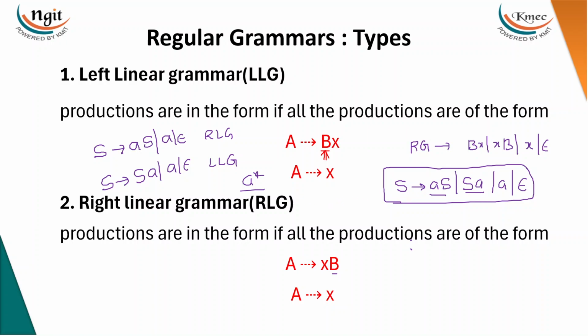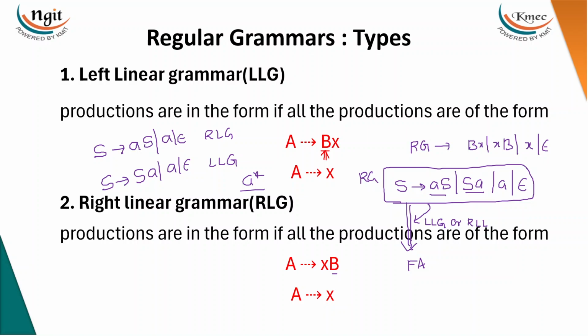While you are writing your own regular grammars, you don't need to follow the linear rules. But if you want to convert a regular grammar to finite automata, the first and foremost thing is that you must specify the grammar in either left linear or right linear form. Otherwise, we cannot convert it into finite automata, right?